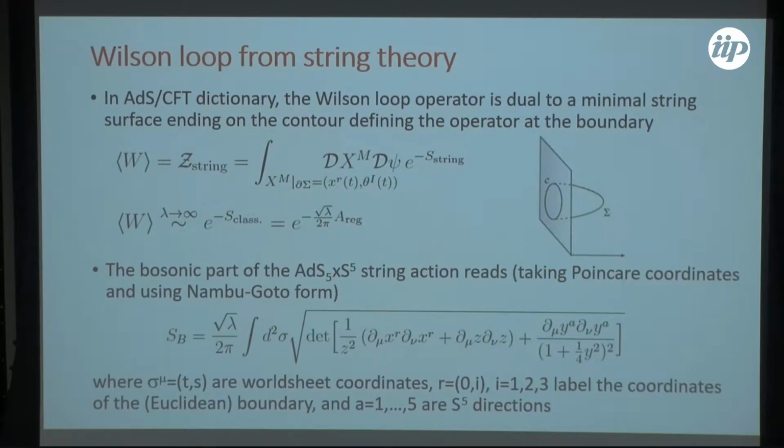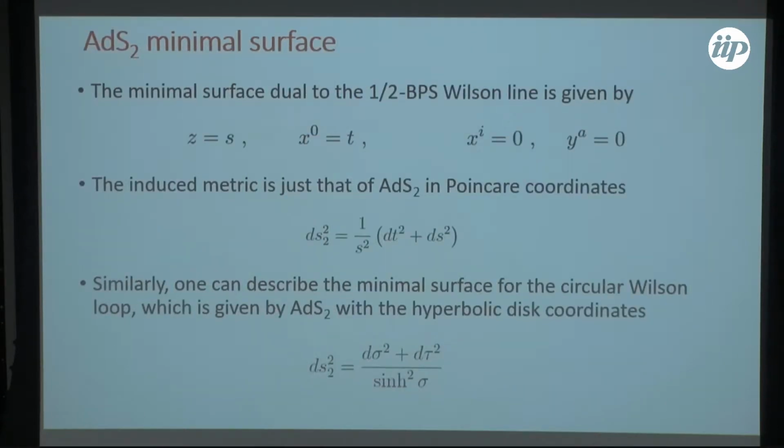So the minimal surface, which is relevant for the straight Wilson line, is very easy to guess and to check that it's the correct solution to the equation of motion. It's just a long stretched string which ends on the line at the boundary. So the worldsheet is given by this simple solution.